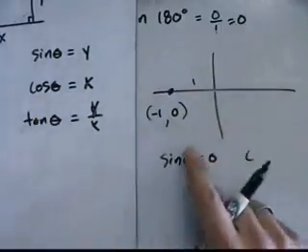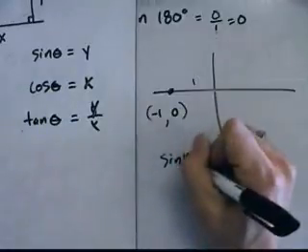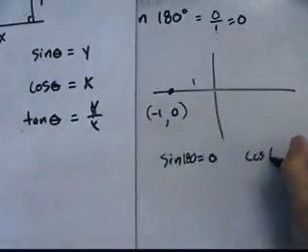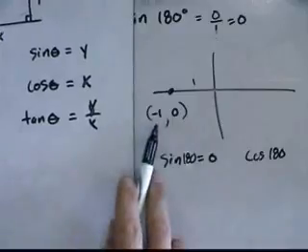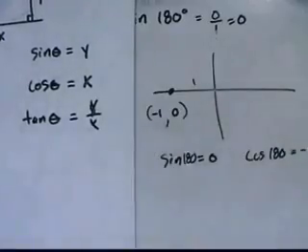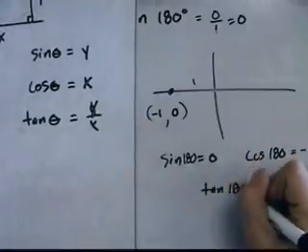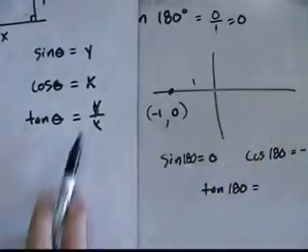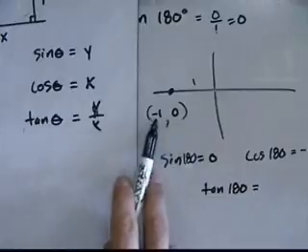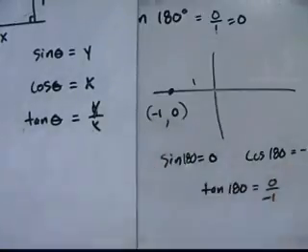So cosine of 180 is the x value, which is -1. So this would equal -1. And then the tangent of 180 would equal y over x, so it's going to be 0 over -1, which is going to equal 0. Okay, so that's using the unit circle to find those.